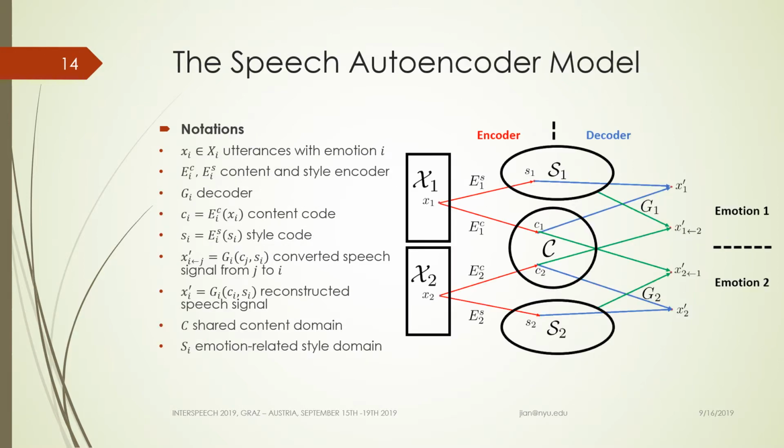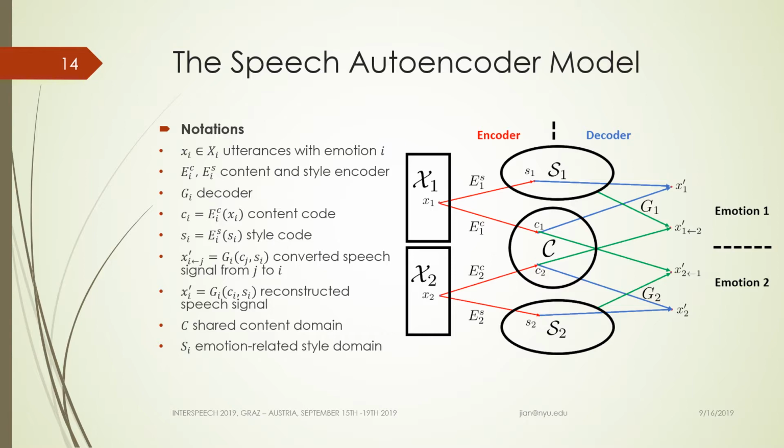Here is the speech autoencoder model. Our model has 4 subnetworks: E_C, E_S, G, and D. For notations, we assume X_i is the utterance from emotion i. E_C, E_S are content and style encoder.